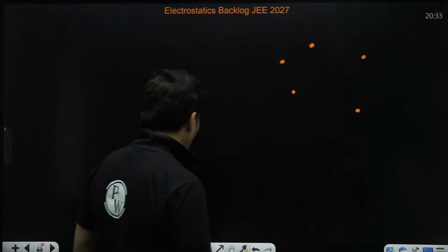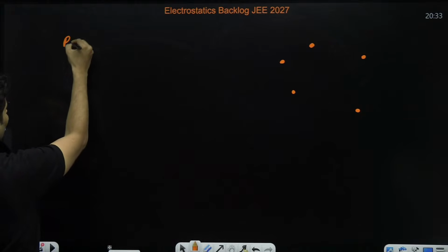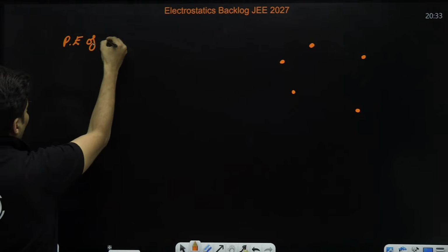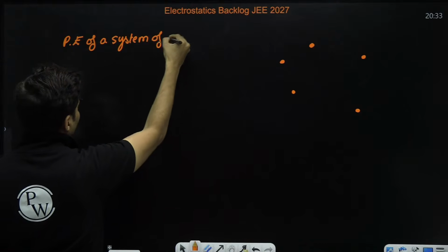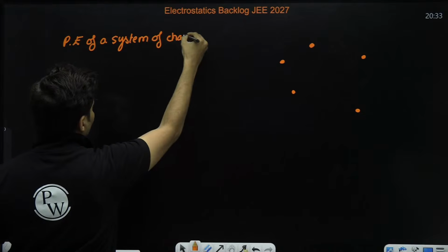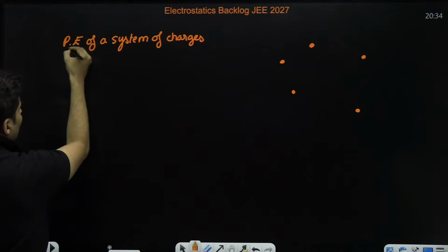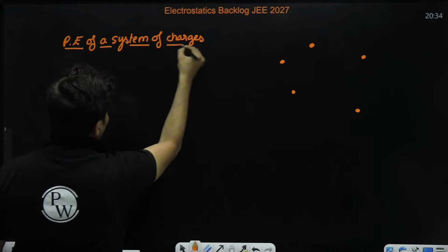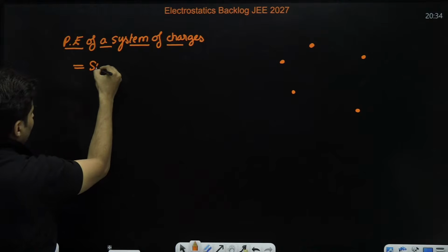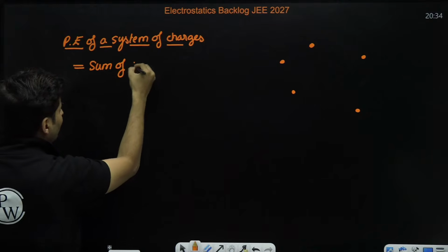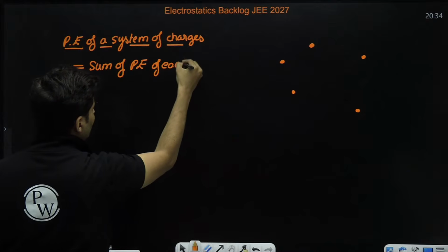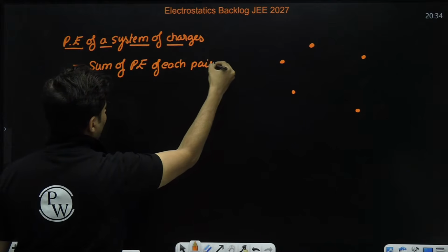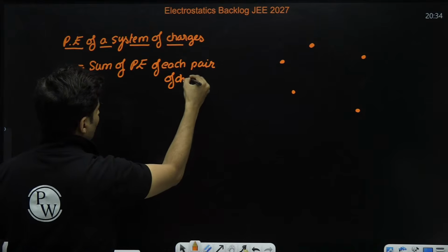Then, to find the potential energy of a system of charges, you basically take the sum of the potential energy of each pair of charges.